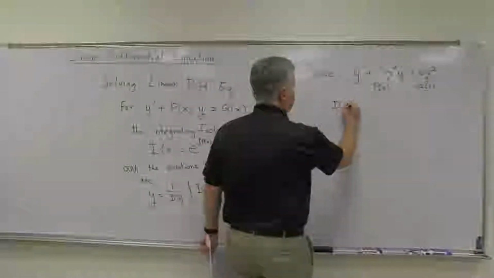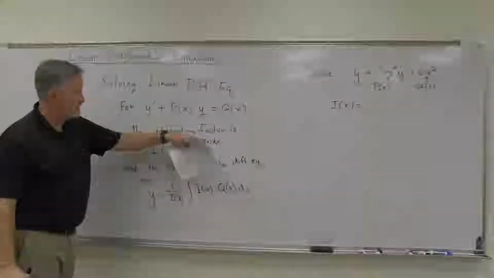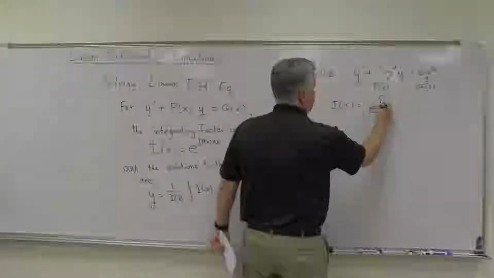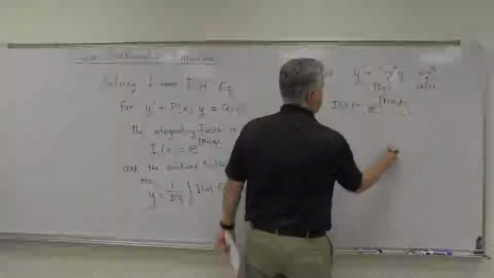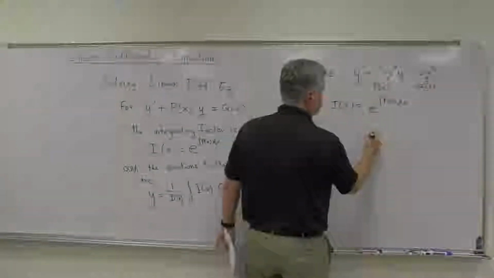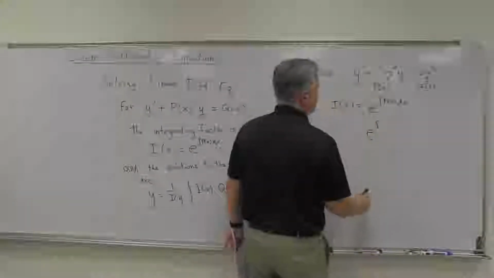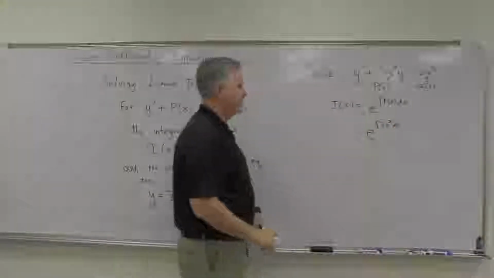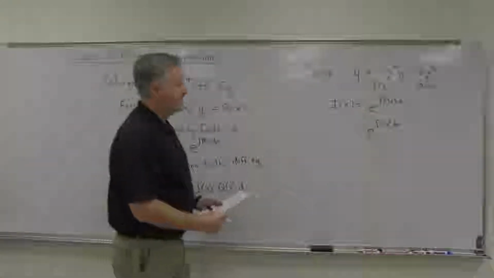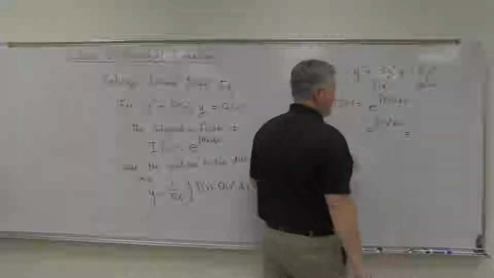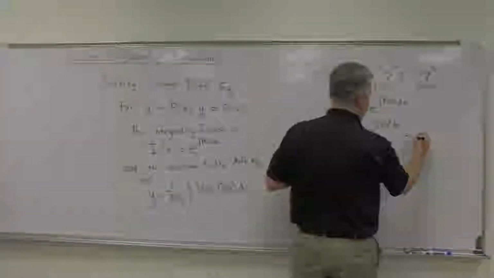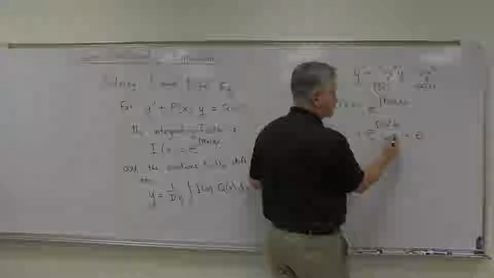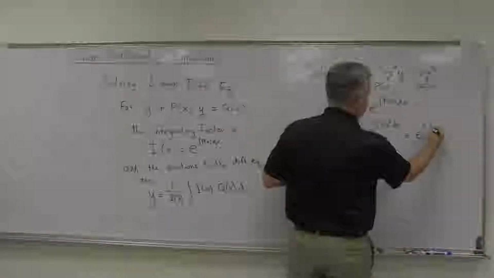So what is I of x here? Well, I of x is e to the integral of p of x dx. And so that would be e to the integral of 3x squared dx. Depending on the type of integral you have, some are more fun than others. But in this case, that's a pretty easy one. 1/3 x cubed, so it'd be 3 times 1/3 x cubed.